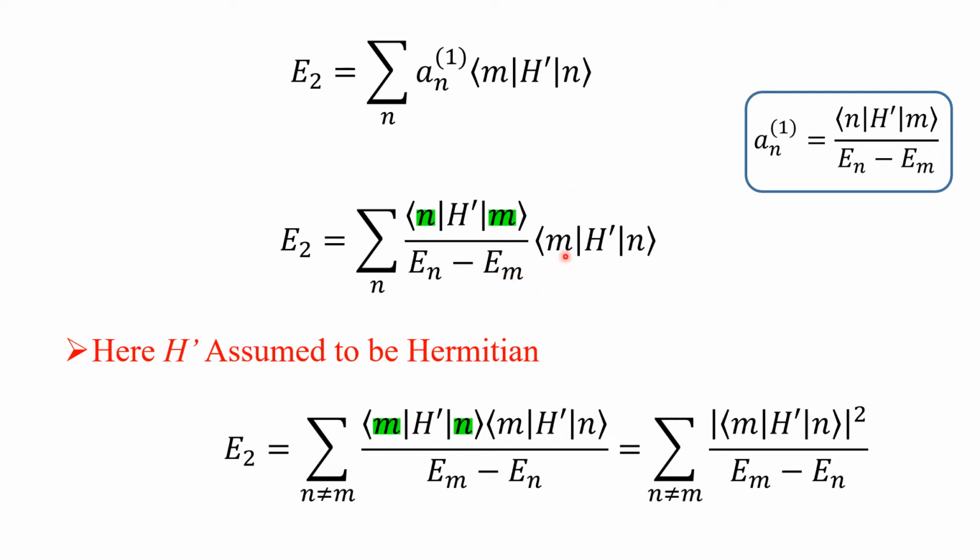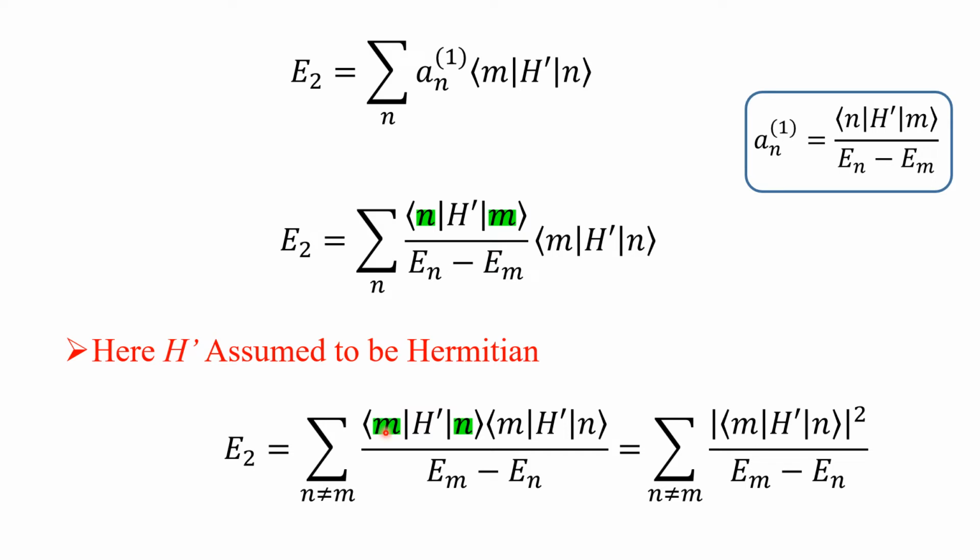And of course, you have <m|H'|n>. Here, H prime is assumed to be Hermitian. If it is Hermitian, then only we can interchange the bra and ket vectors. So now I am interchanging the bra and ket vectors, that is, n and m are interchanged.